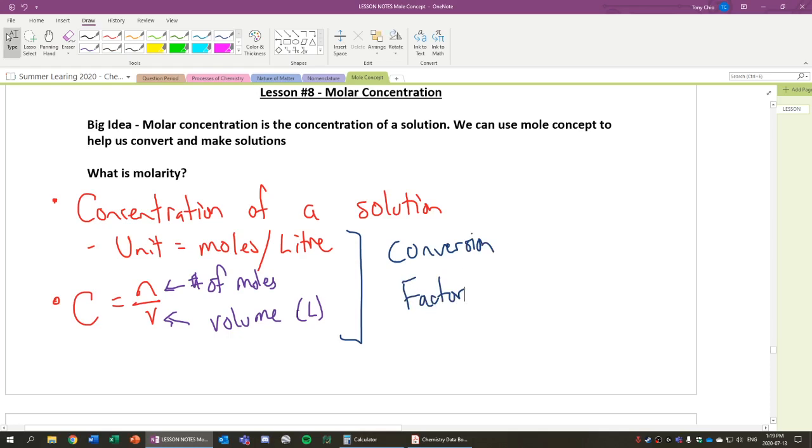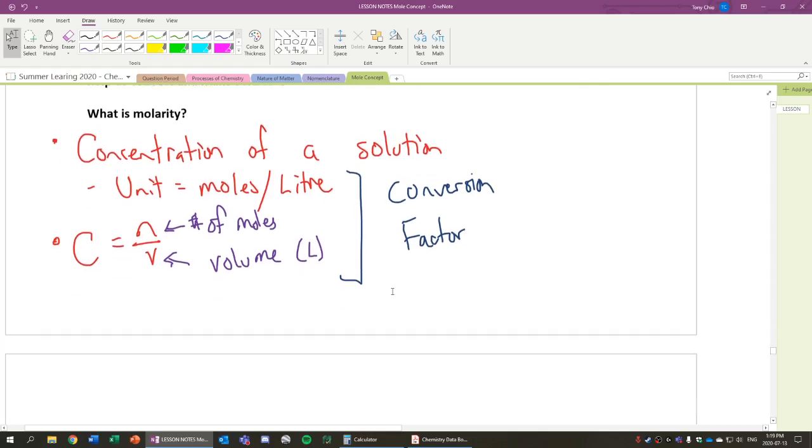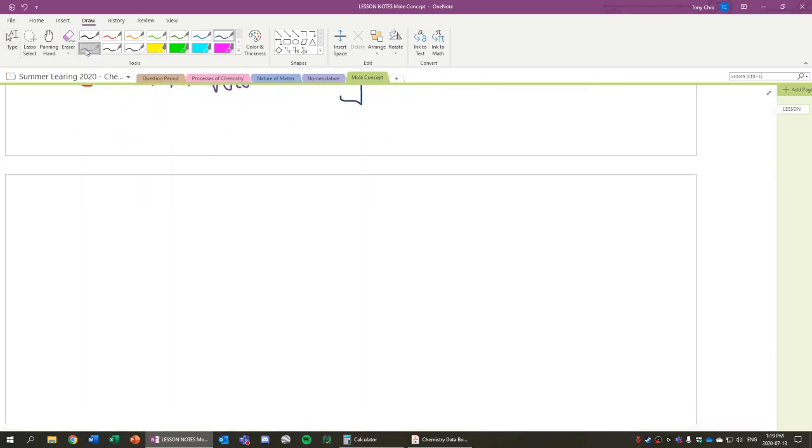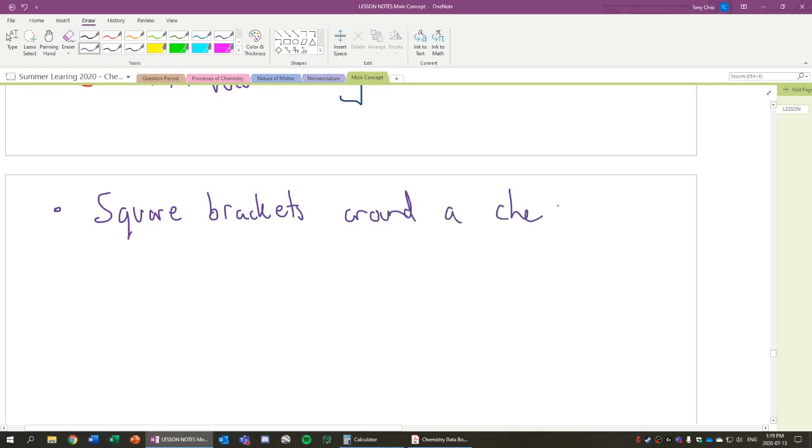Now note that the volume here is in liters, not in milliliters. And whenever we put square brackets around a chemical formula, it means that we're talking about its concentration.